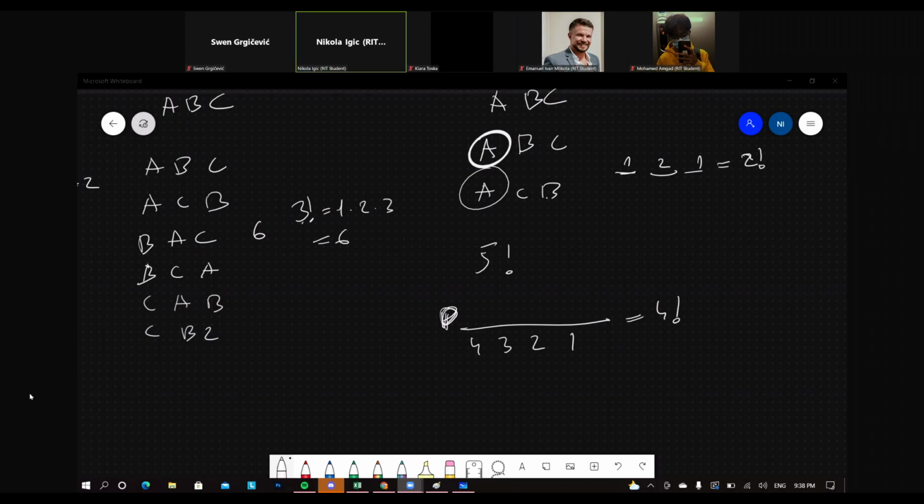Does everybody understand how to use it, not why it's like that? Can we use bigger numbers just to make sure? Yeah, you can put any number. You can say 15 letters and say that 4 of them cannot twist, and you will just put 11 factorial. But 11 factorial is a really big number.